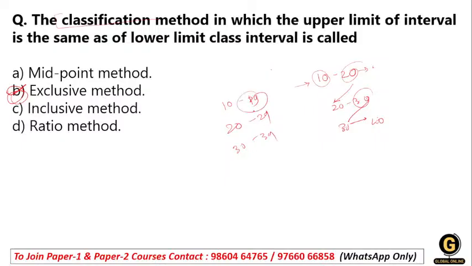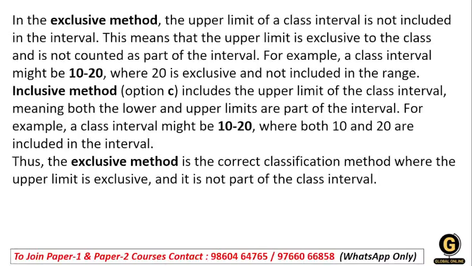Here you can see the upper limit of the first range is 19, and the second range's lower limit is 20. If you see this kind of range, it is called the inclusive method. So the right answer will be the exclusive method, that is option B.